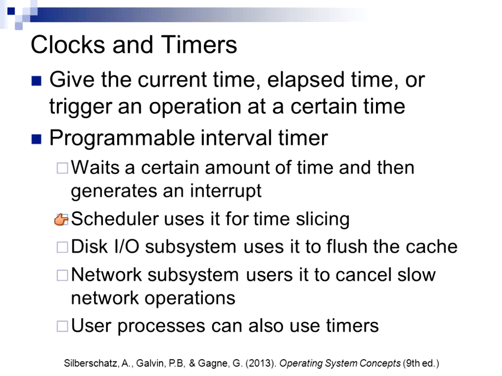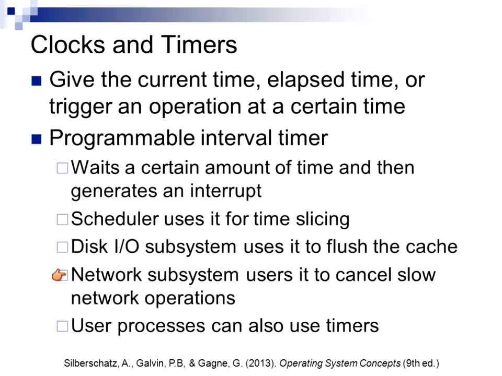We also talked about having cache, and you've seen disk cache and network cache even, that you have to clear at different times, and your system might use a timer, and when the timer goes off, it clears your cache. It doesn't hold those pages any longer.